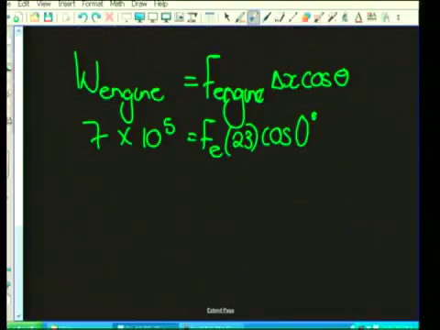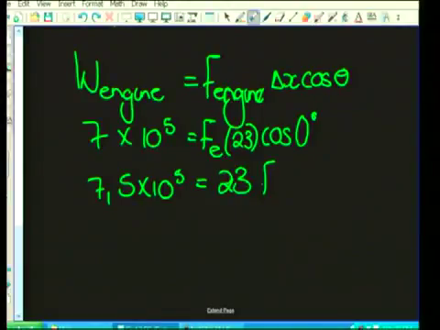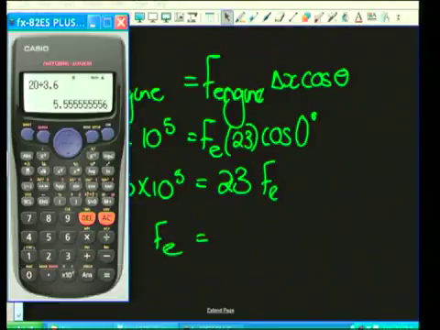Great. So that tells me that 7,5 times 10 to the 5 is 23 times cos 0, which is 1, so it's 23 times the force of the engine. I divide both sides by the distance. Ooh, look, it's a nice big number.